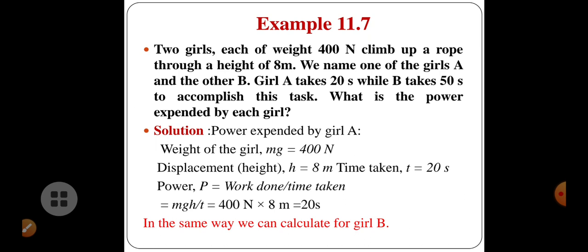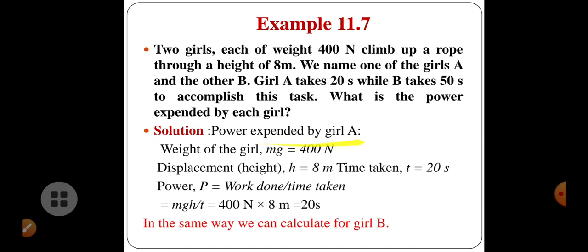Now, we name one of the girls A and the other B. Girl A takes 20 seconds while B takes 50 seconds to accomplish this task. So it is the same as the activity we have discussed. What is the power expended by each girl? In the same way, it is a solved numerical. You can read it from your book also.